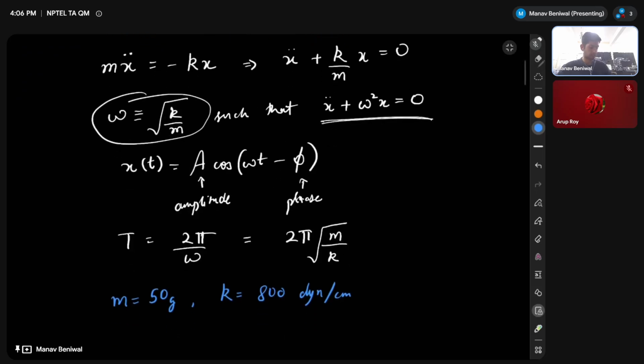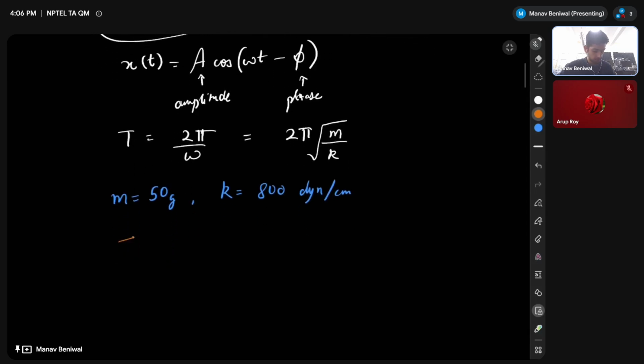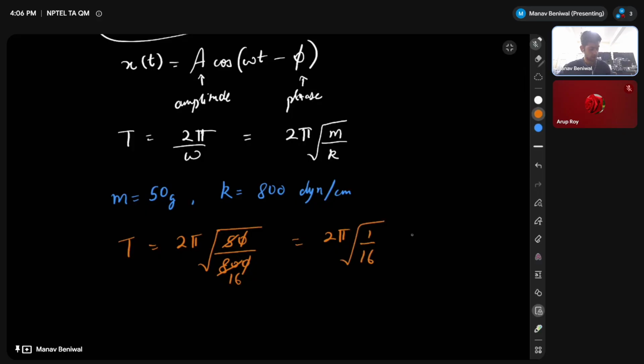Now both of these values are in CGS units, so we can of course work in CGS units. Substituting these values, we get T as 2 pi under root 50 over 800. So this cancels out and this gives us 16. So this becomes 2 pi under root 1 over 16, which is 2 pi over 4, which becomes pi by 2.